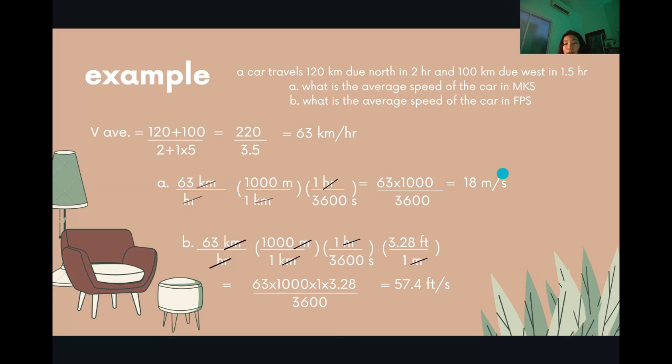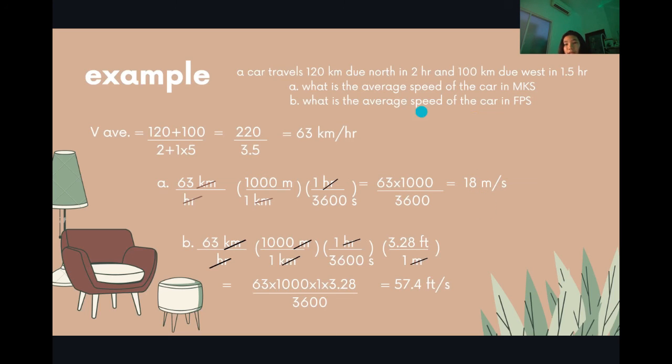Because what I said just now, MKS uses meter per second, not meter per minute. So it will be seconds here. Cancel out hours. It will be left 63 times 1,000 over 3,600 times 1. Final answer will be 80 meters per second.